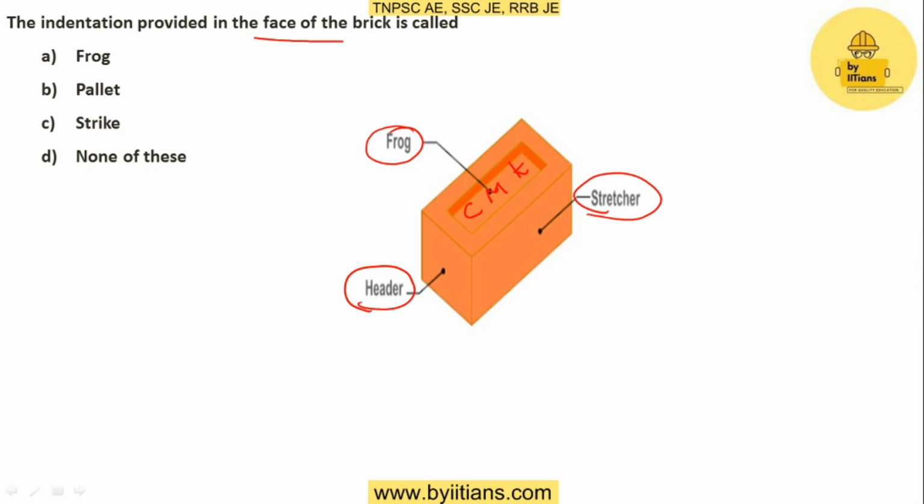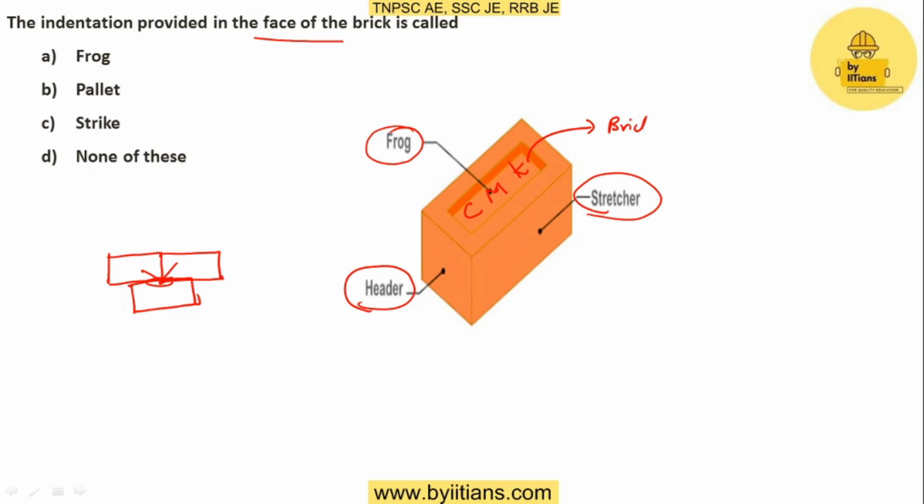For example, if you are constructing a brick masonry and arranging the bricks in this way, with a brick at the bottom also, in order to have a joint at the top, mortar should be filled in the frog, in this area. If mortar is filled here, then there will be a bond between these three bricks together. For that purpose we are providing this frog.